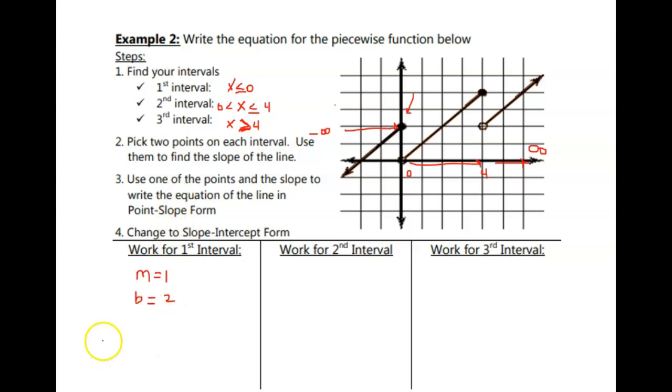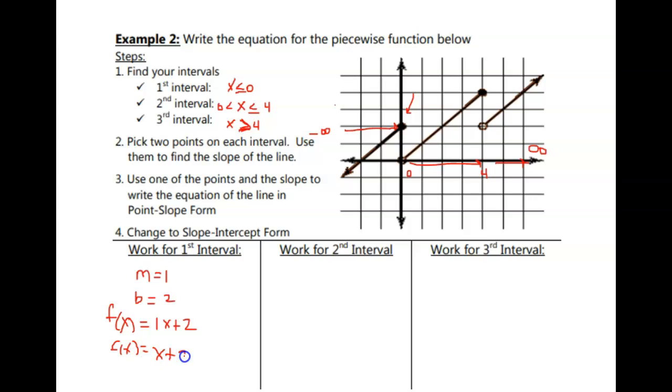So if I have to write this function for the first line, it's f of x equals y equals mx plus b. So m is 1, x plus 2, or in this case, we say f of x is equal to x plus 2.